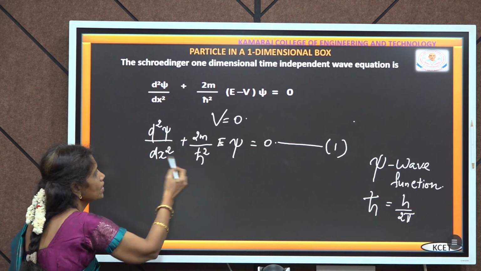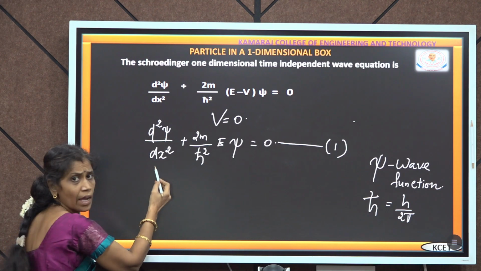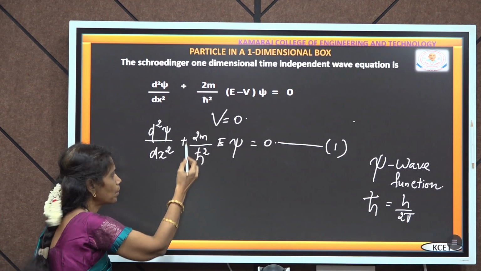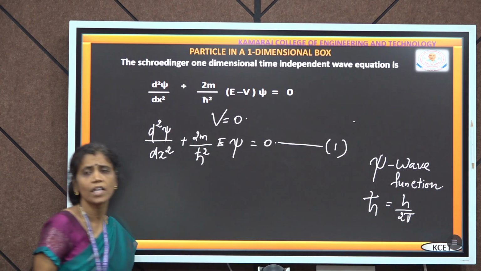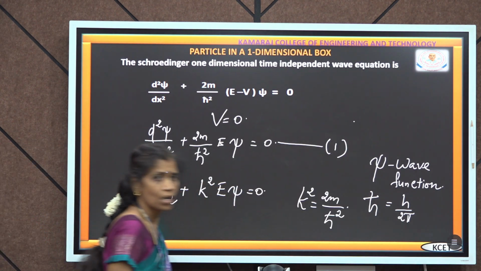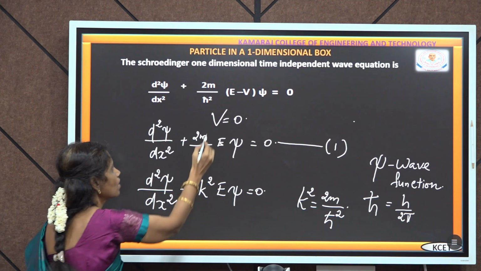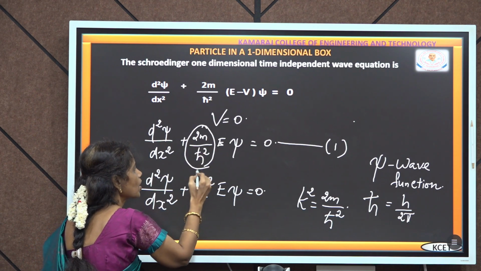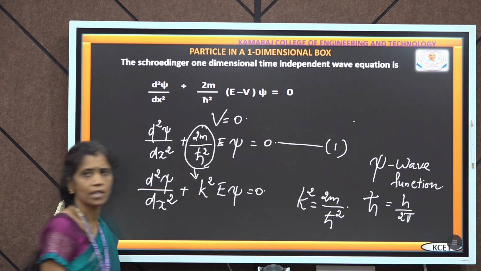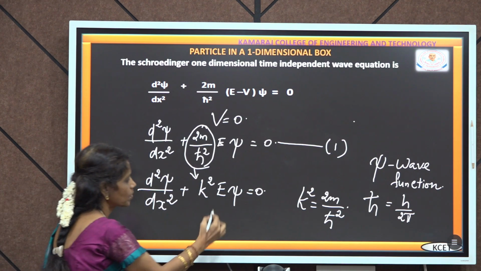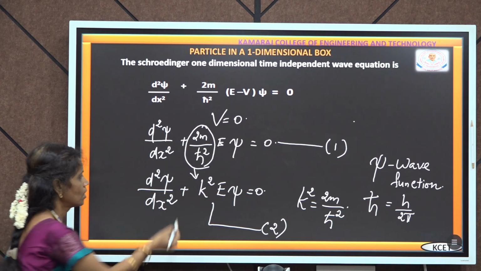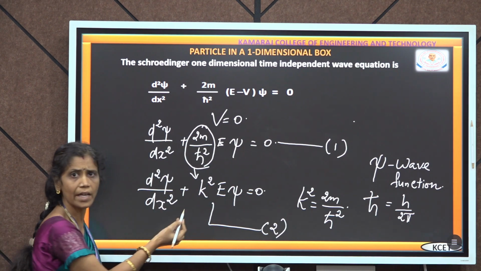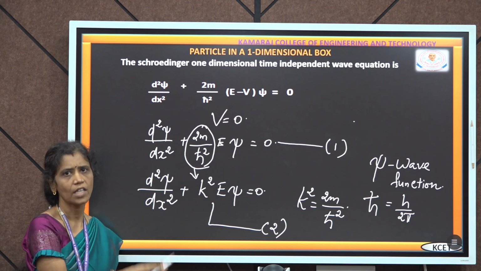Hence, the equation is reduced to d square psi by dx square plus 2m by h cross square into E psi is equal to 0. This is taken as equation number 1. For simplification, we replace this term by k square, so we obtain equation number 2. Equation number 2 is a second degree differential equation.